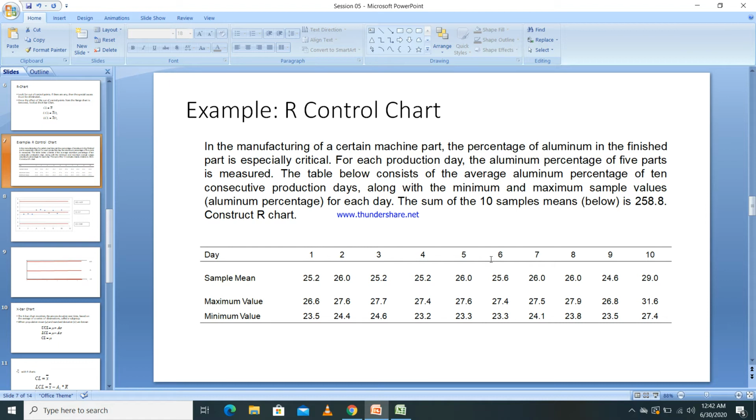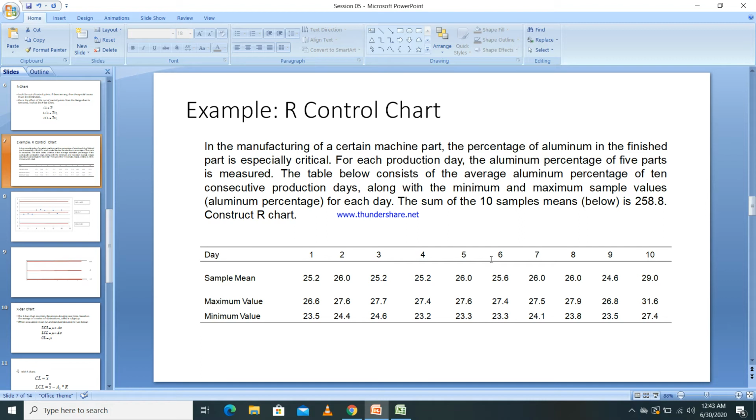The table below consists of the average aluminium percentage of 10 consecutive production days along with the minimum and maximum sample values, that is the minimum and maximum aluminium percentage for each day. The sum of the 10 sample means is equal to 258.8.